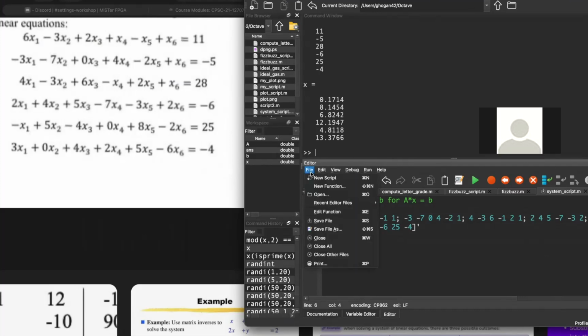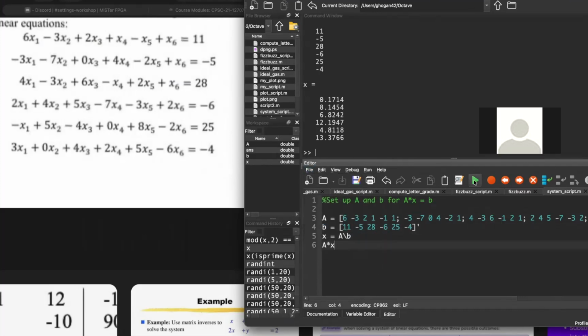If I save this and run it one more time, you can see that we do end up with 11, -5, 28, -6, 25, -4. That's coming from that last command, which tells you that this actually worked. The solution was the x values, which are right here, and this was just checking that we got the correct answer.